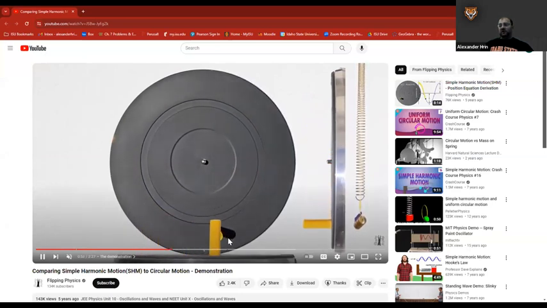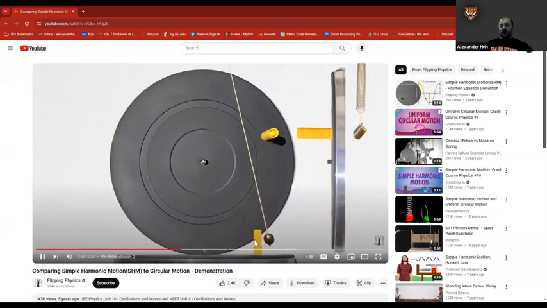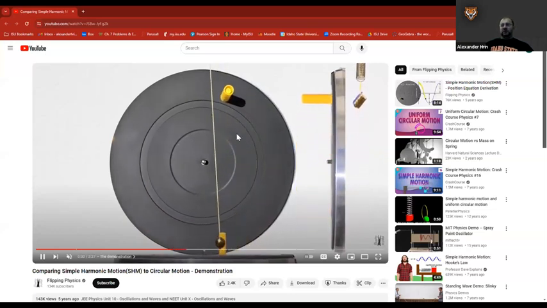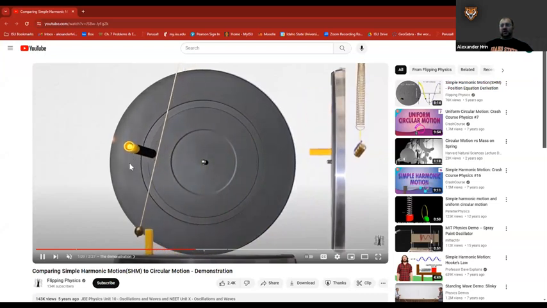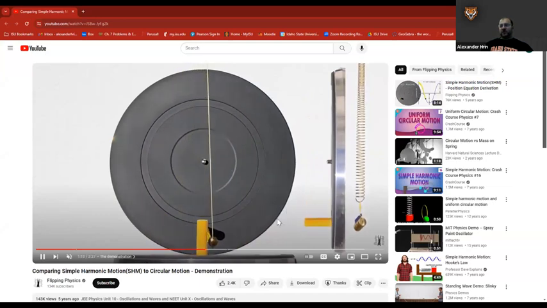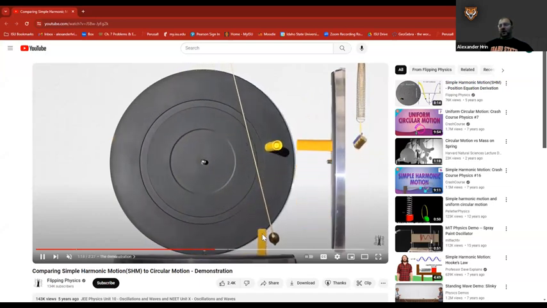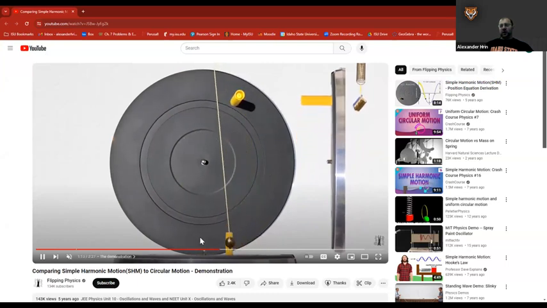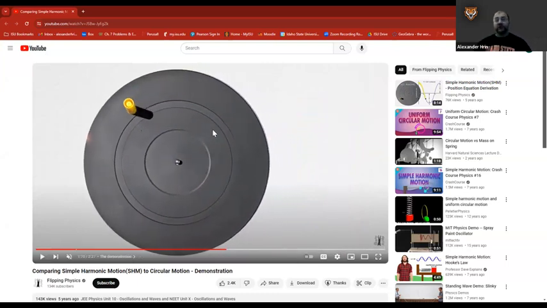Now here, if you look at just the horizontal, it's doing the exact same thing as a pendulum. This one kind of matches the horizontal position, and this one kind of matches its vertical position. It's not perfect, but it's pretty close. And you can see that this thing is just going in a back and forth motion that resembles simple harmonic motion. So that is the connection to simple harmonic motion.